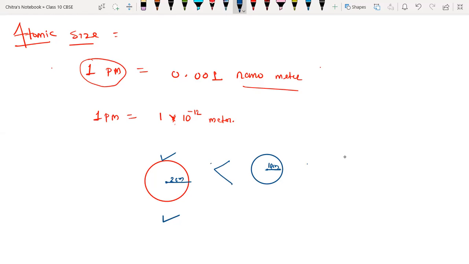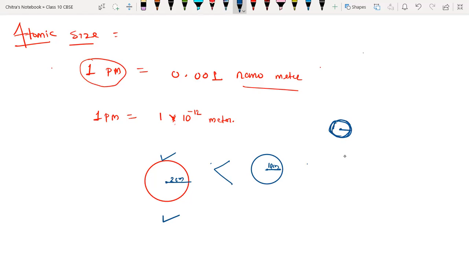So we can measure the size of a sphere on the basis of its radius. We also consider our atoms to be spherical in shape. It is a hypothetical structure that we use all the time. Since it is spherical in structure, the atom also has an atomic radius.